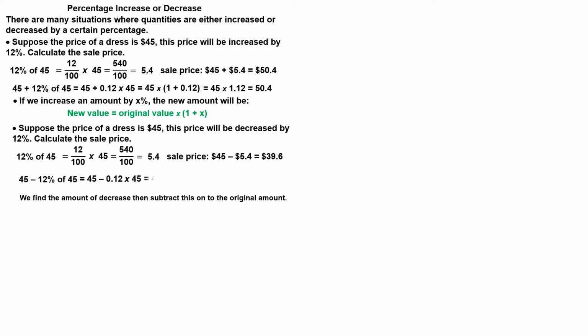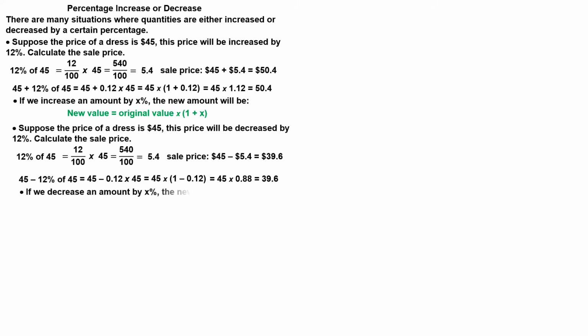We can put 45 in front of the brackets, and we get the same result. This method always works, and we can write: if we decrease an amount by X%, the new amount will be new value is original value times 1 minus X%. Let's see how it works.